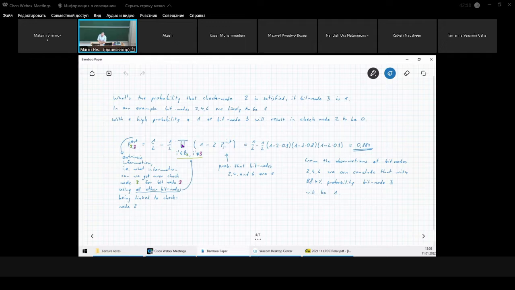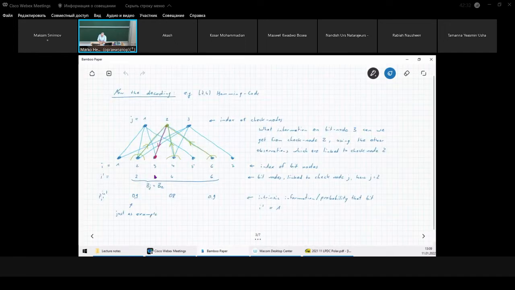Then we wrote this in a more formal way, how exactly we needed this equation. So what's the probability, for example, that the sum of these three green guys turns out to be a 1? This will actually give us the probability that the red guy needs to be a 1. So in our example with the numbers, we can conclude with these given probabilities, with 88.4% probability, the red guy must be a 1, because then our parity check would be fulfilled.